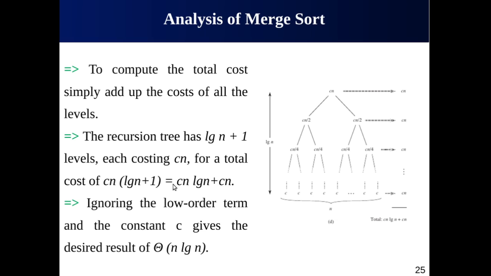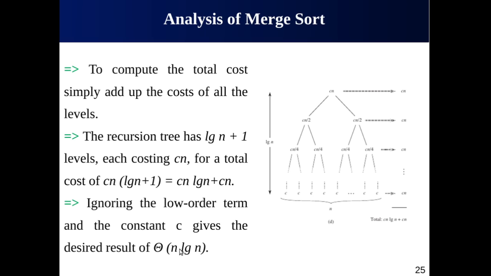Now ignore the leading constant. The constant here is C. Remove the constant C. What remains is n log n. So the worst case running time of the merge sort algorithm is actually n log n.